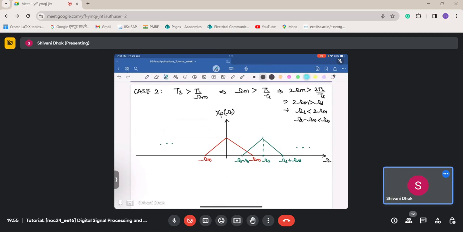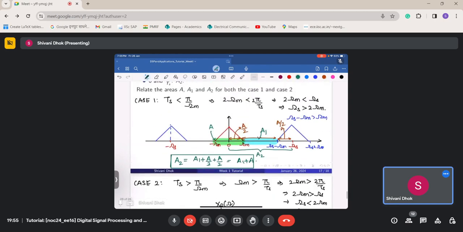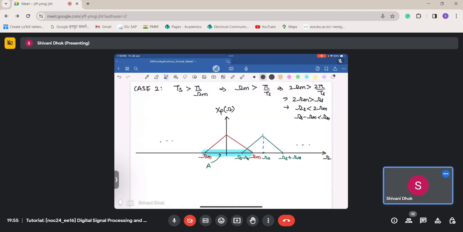Now again, this area from minus omega m to omega m is A. Then the area from omega s minus omega m to omega m, that is this area, is A1, and this area is simply A2. So now we need to relate this A2.